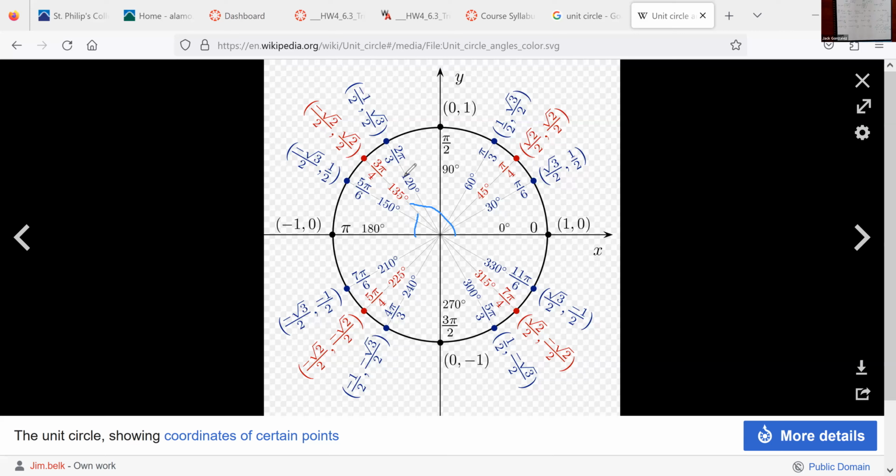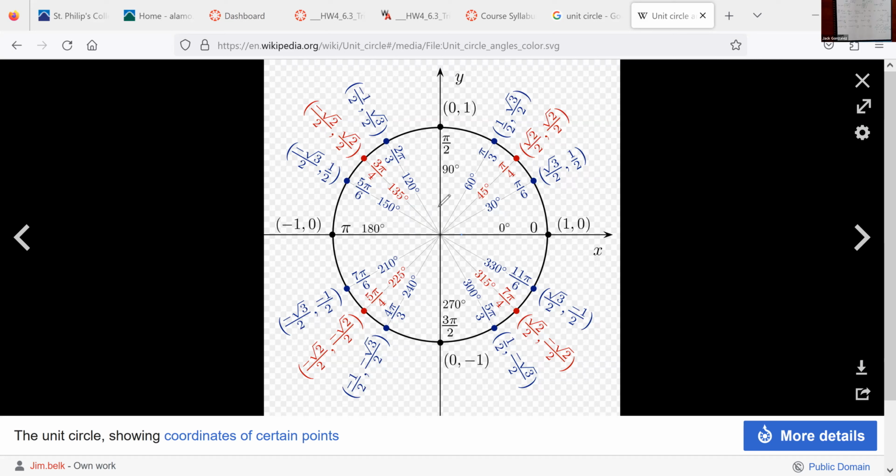Okay. So if I go from here to here, the distance back to the x-axis is the same. So here theta and theta prime are the same. Quadrant 2 is the distance to the 180.